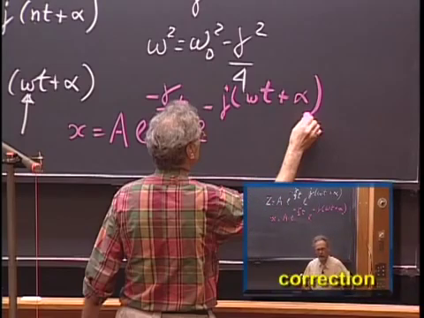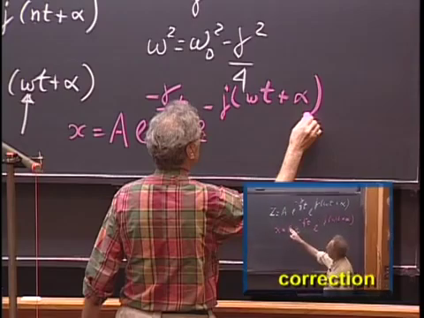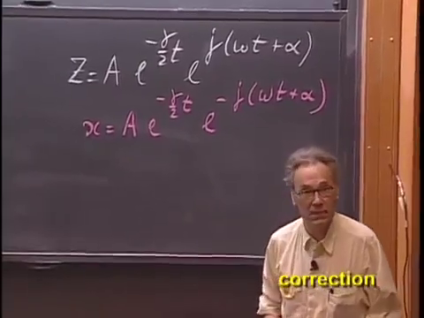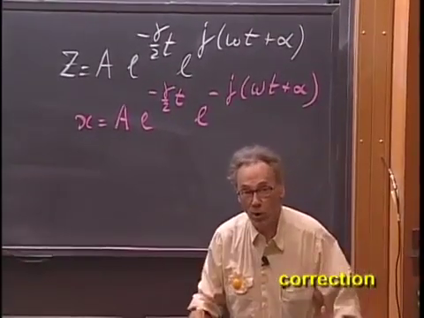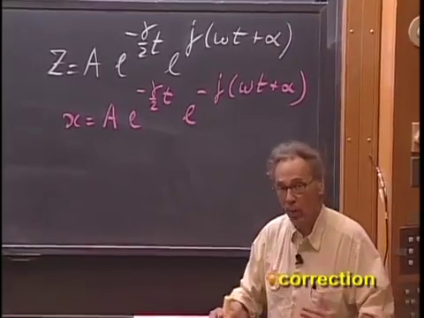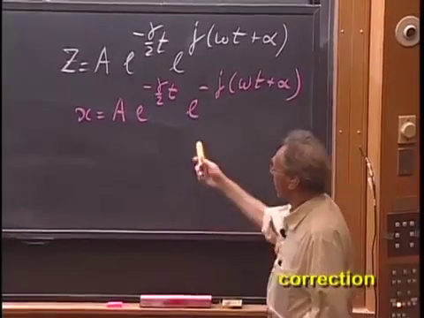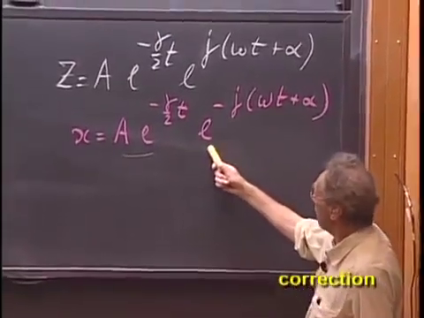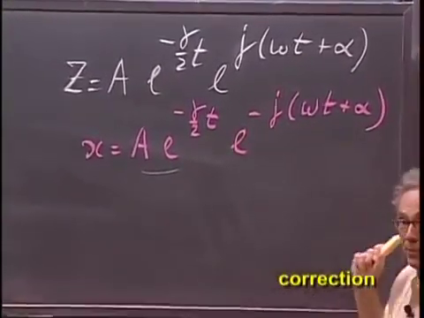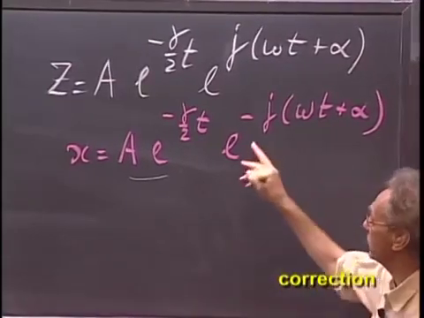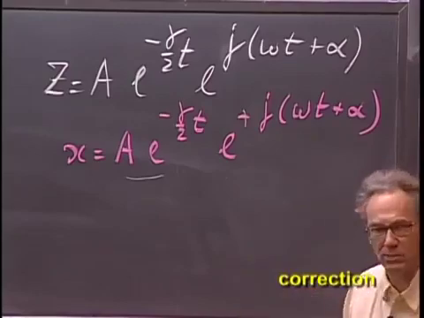Look what I did. I have an equation in the complex plane. That's perfectly okay. And then I went back to the real world, going from z, the complex plane, to the real part of z. And what did I write down? This is fine. But then I wrote down e to the power minus j omega t plus alpha. Now, first of all, there should not be a minus sign in front of the j. That's not a major problem.